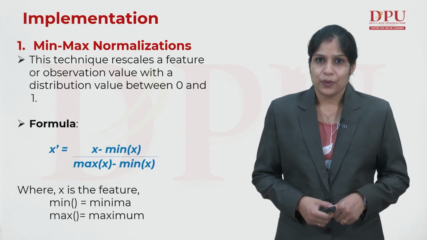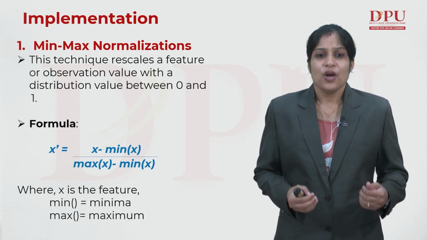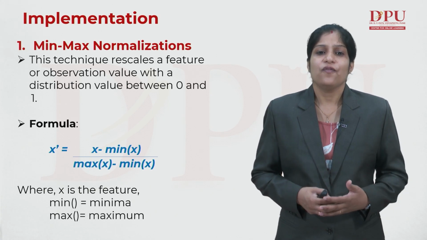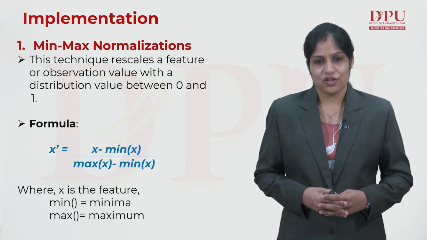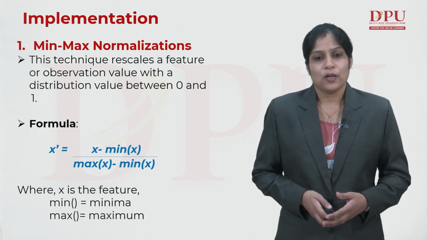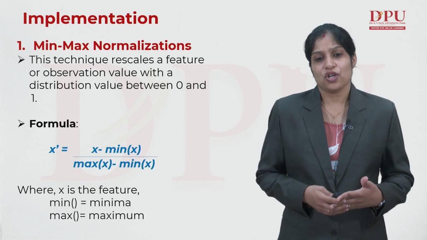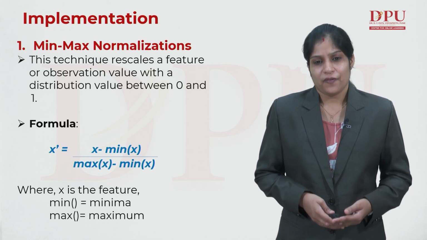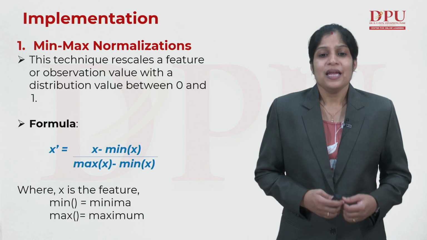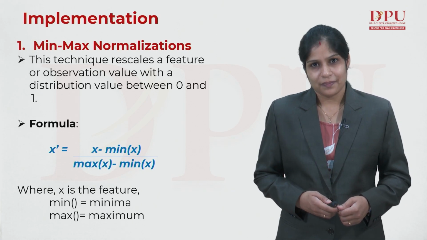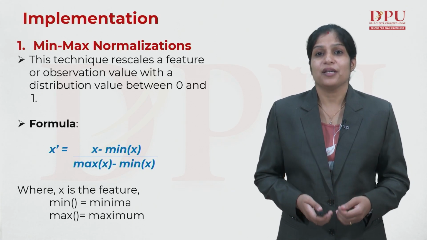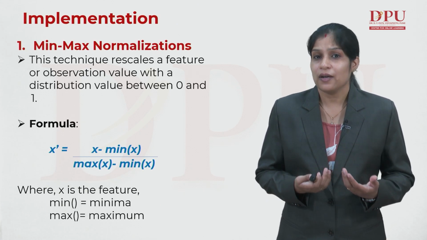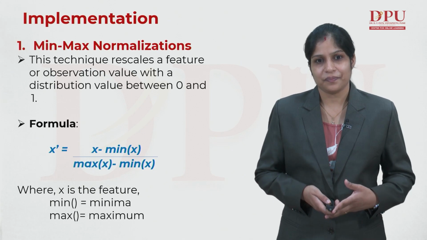Here we rescale the feature to values between 0 and 1, and the formula for min-max normalization is x' = (x - min(x)) / (max(x) - min(x)). Here x is the feature, or the name of a column in our data set.